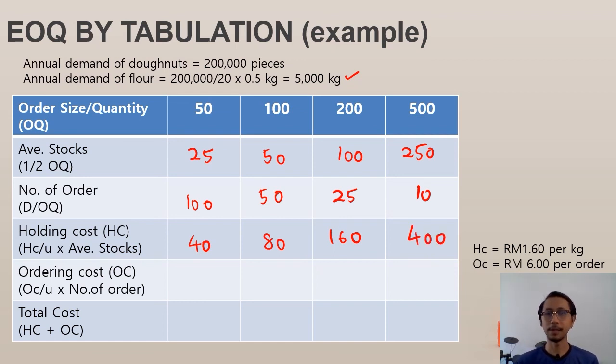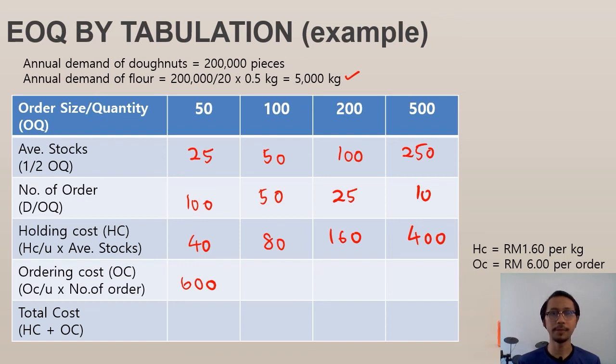Now, let's find the ordering cost for each order quantity. So the ordering cost per order will be 6 ringgit. Take this 6 ringgit and times it with the number of orders that you have here. For example, for OQ 50 and number of orders 100, the ordering cost will be 100 times 6. Then you get 600.